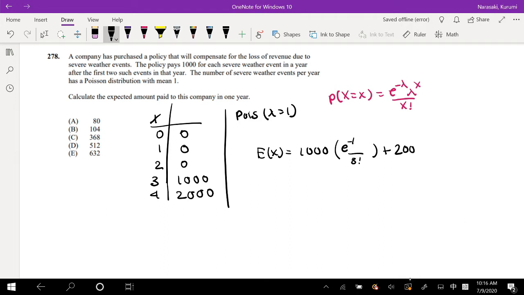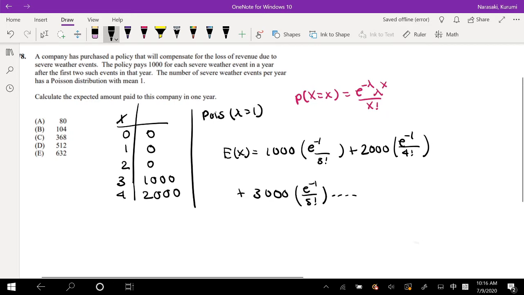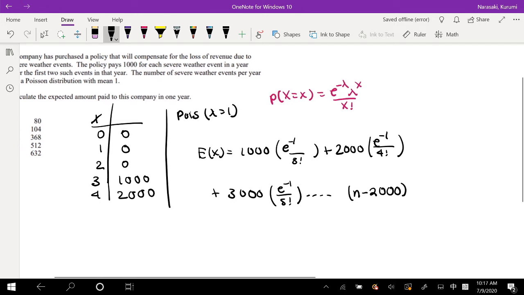And they will also pay $2,000 when it's e to the negative 1 over 4 factorial, and so on. So at 3,000 it's going to be e to the negative 1 over 5 factorial, and so on. I think you guys can kind of see the pattern, right? So the pattern is n minus 2, times 1,000. Because this is 4 and this is 2,000.